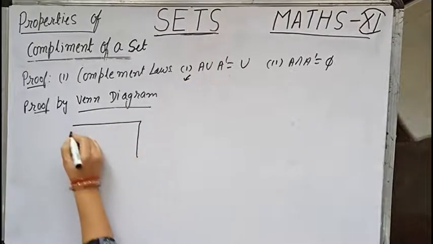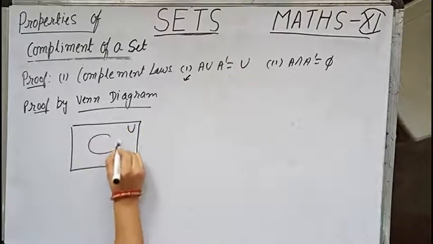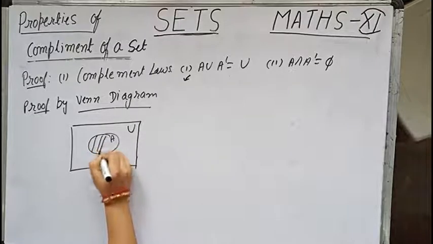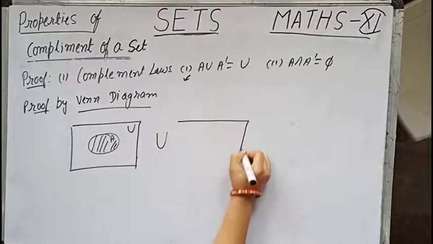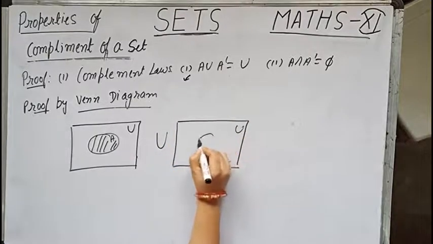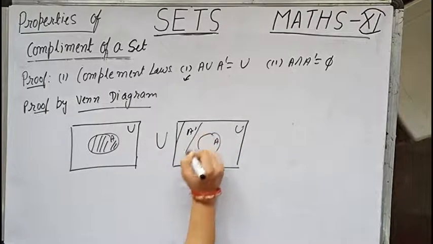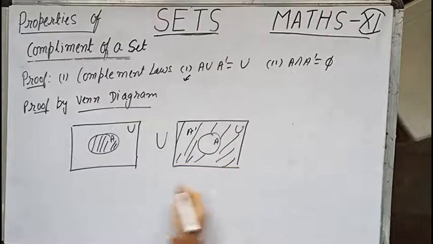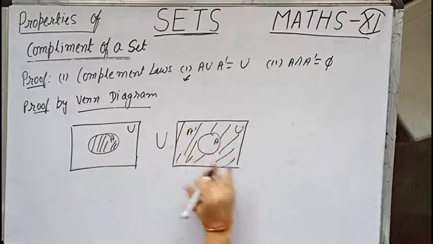Let us suppose this one is the universal set, this is the set A. So this will be the A complement. So the union of these two, we will be getting this portion plus this portion.